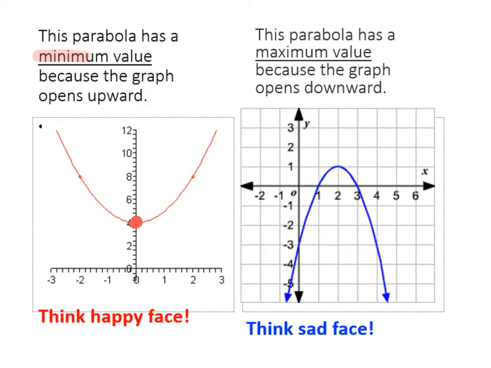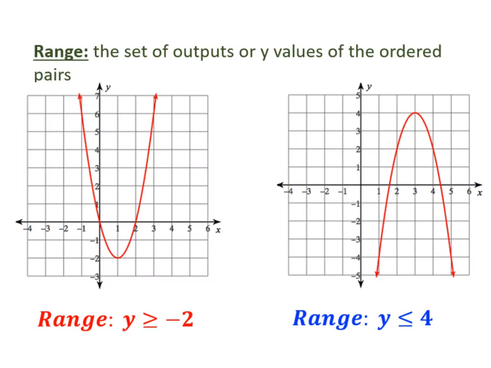In the other graph, we have a highest possible value, so it's what we would consider to be a maximum. The range is the set of outputs or y values of the ordered pairs.